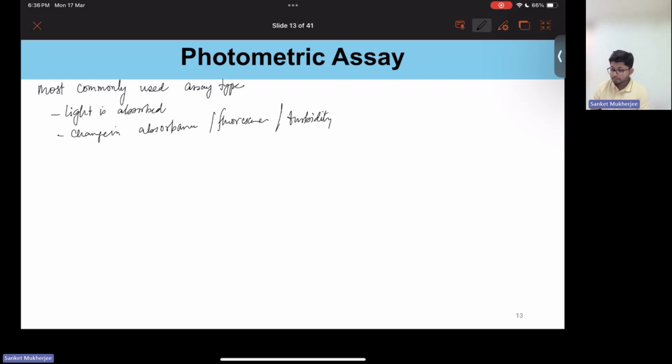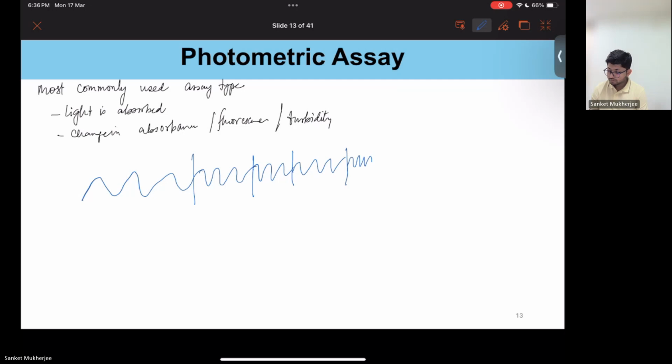So if we look at light, as you can see, the frequency changes with the spectrum.